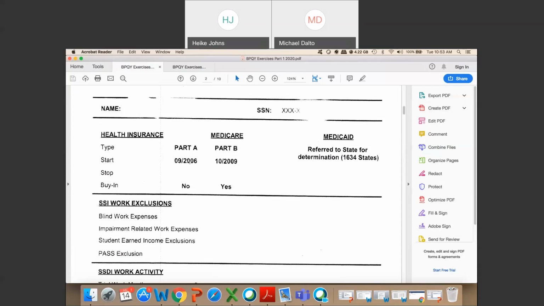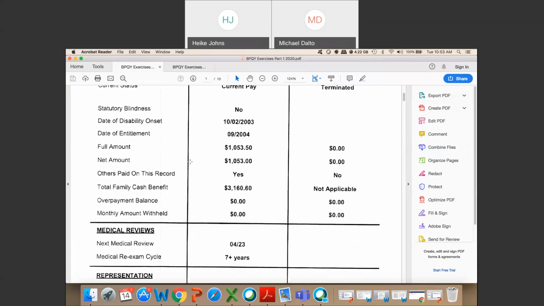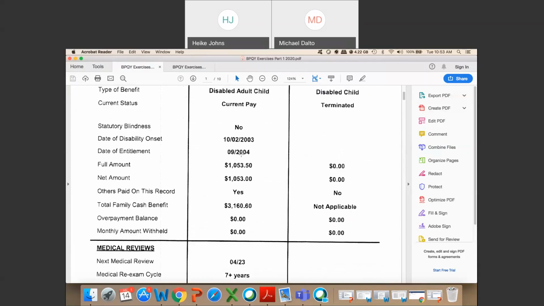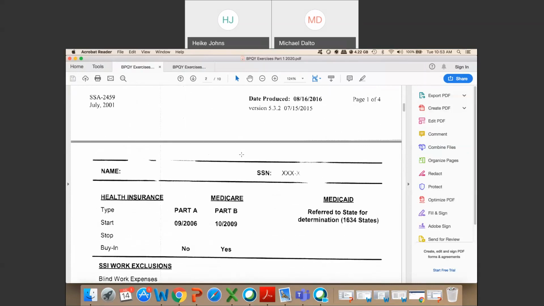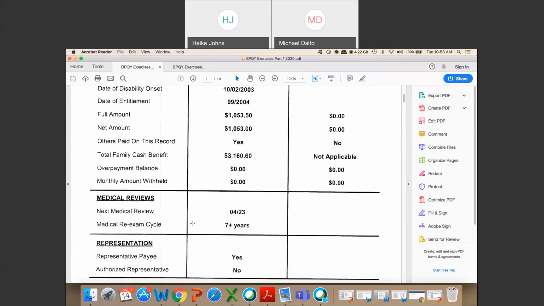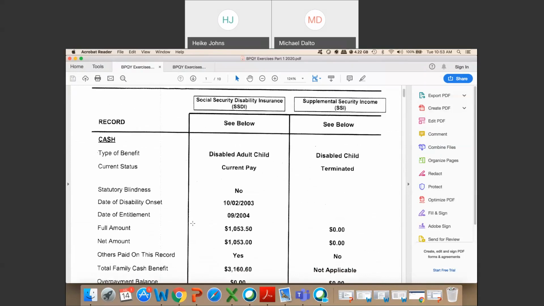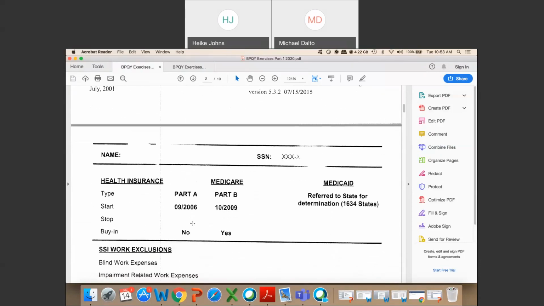For Part A, the start date of 9/2006, we can look back at the date of entitlement and see that was 9/2004. So the Medicare entitlement for Part A occurred 2 years and a month after entitlement to the disabled adult child benefit. That's what we would expect because of the 2-year waiting period for Medicare.